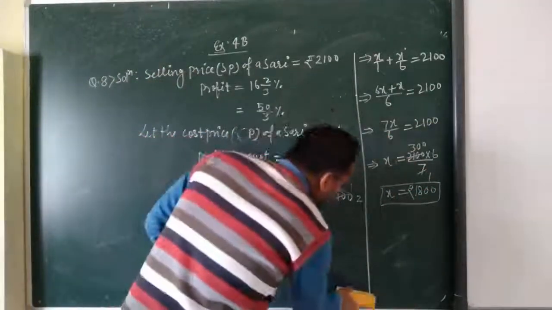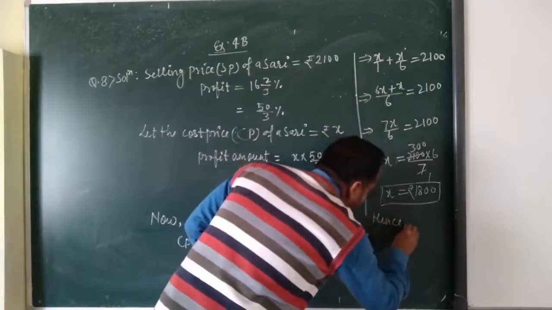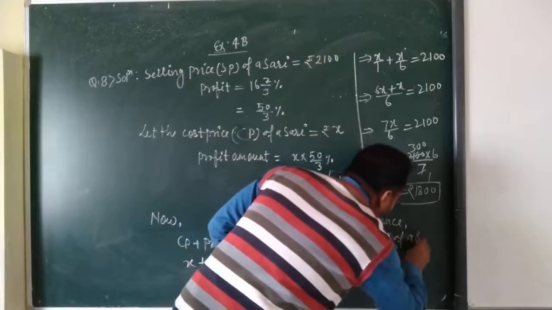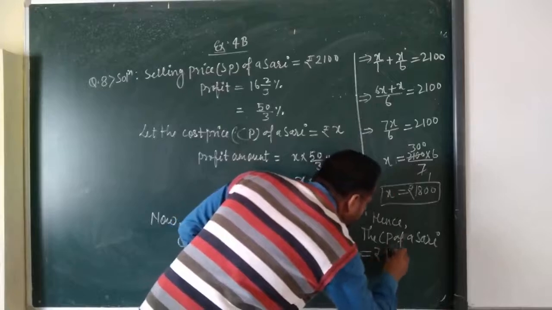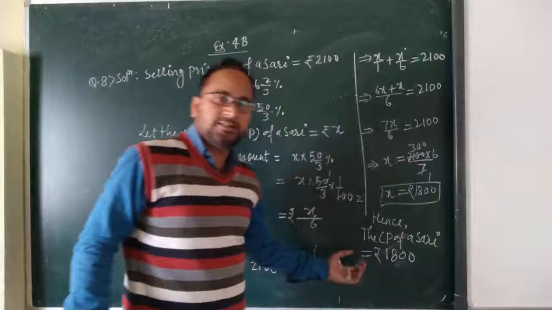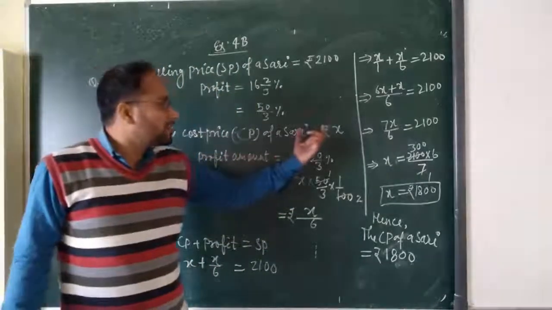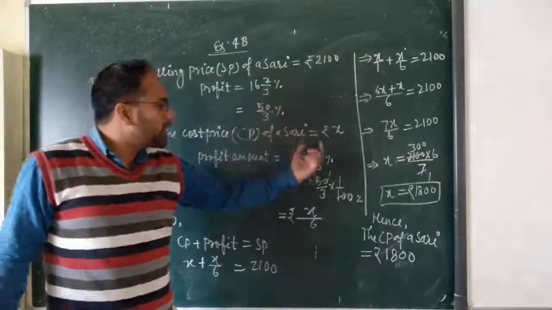Hence the cost price of a sari is equal to rupees 1,800. That is the cost price of the sari, students. So students, if your cost price is not given, first you suppose that cost price is X, then you calculate the profit or loss on that.